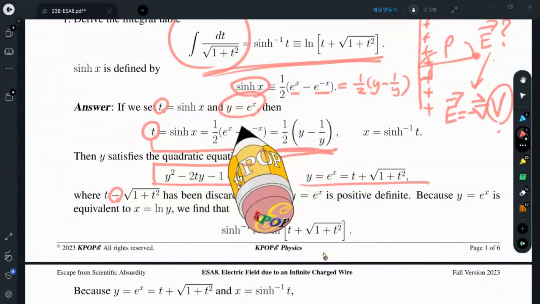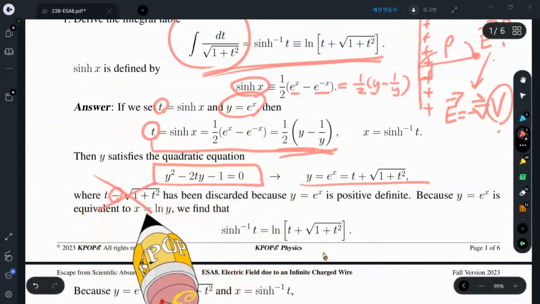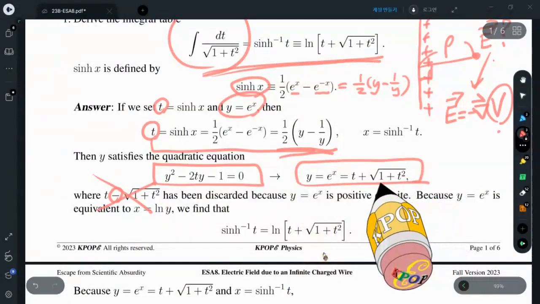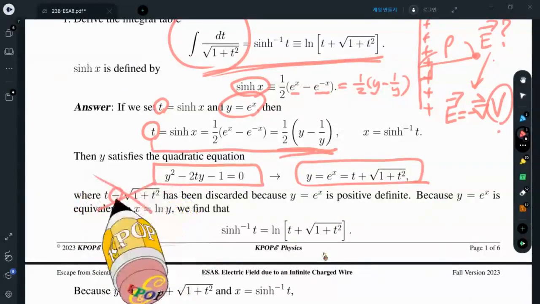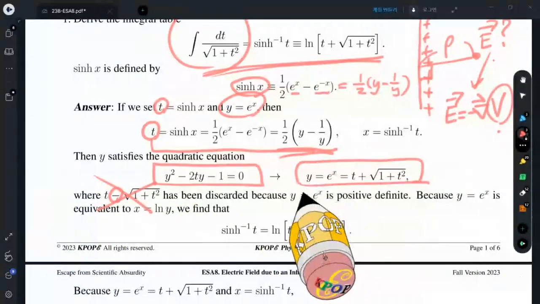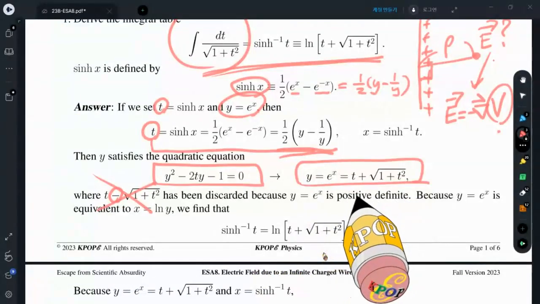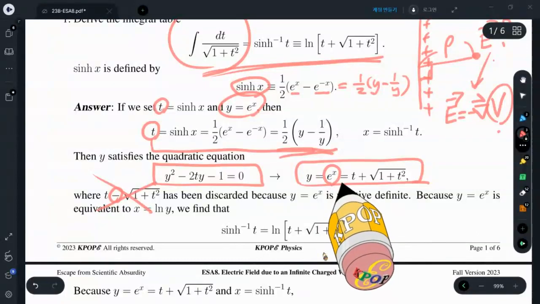Because it is positive, the unphysical solution, this guy, has been discarded. Therefore, we have a unique value for y. Because we have thrown away this unphysical one, there is a one-to-one correspondence between t and y. Therefore, the inverse function is always defined. The exponential function has an inverse.